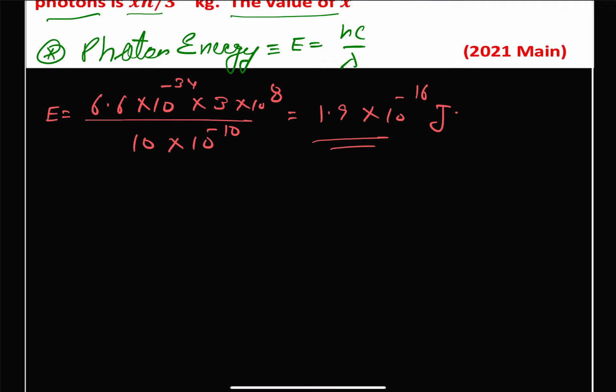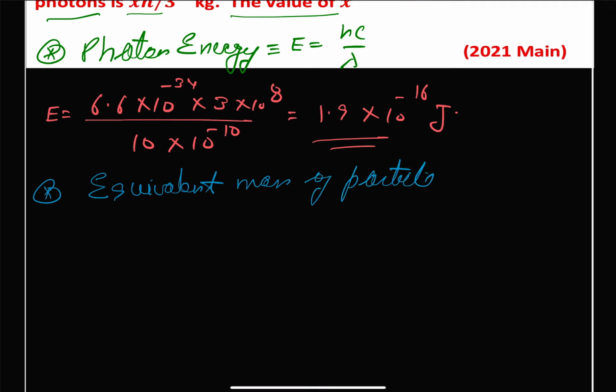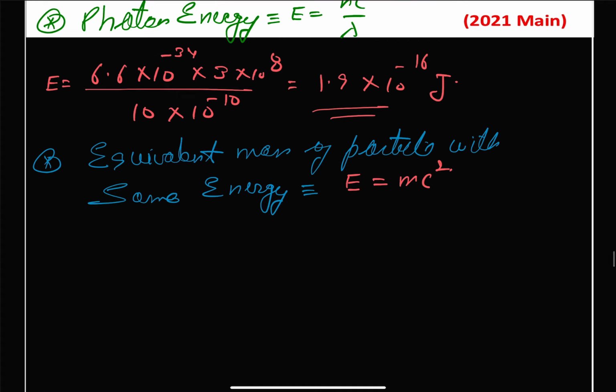Therefore, we can say the equivalent mass of a particle with the same energy, we can write that E is equal to mc square, and from here we can find out our mass.